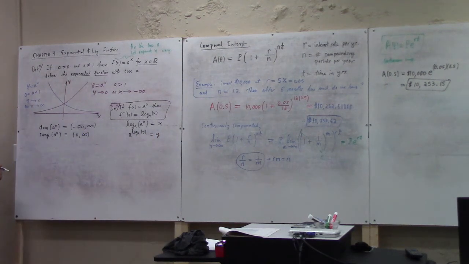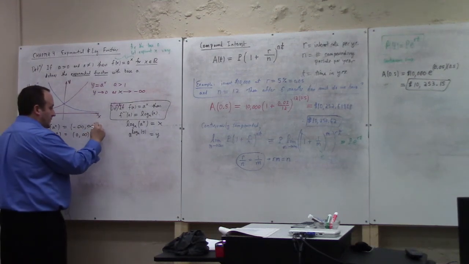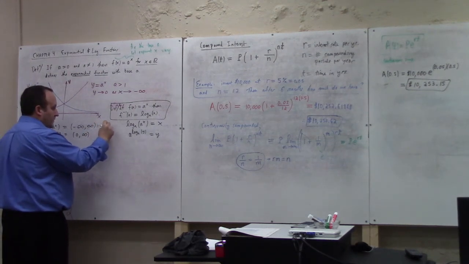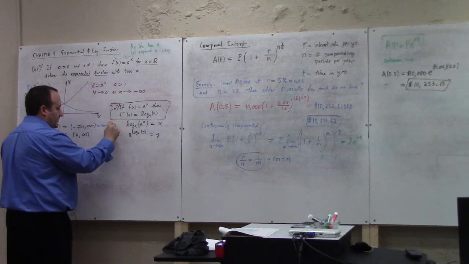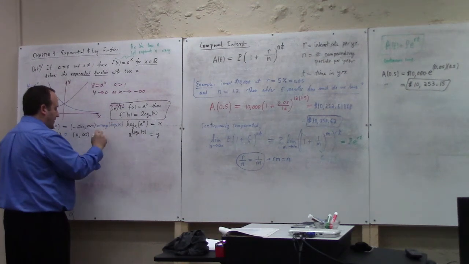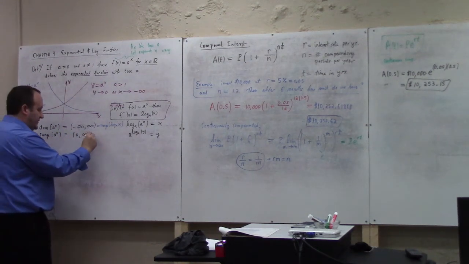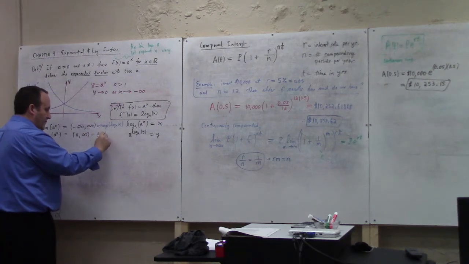The top equation is for any real x. The bottom equation is for positive y. Because what's the story? The domain of the function is the range of the inverse function, and the range of the function is the domain of the inverse function.